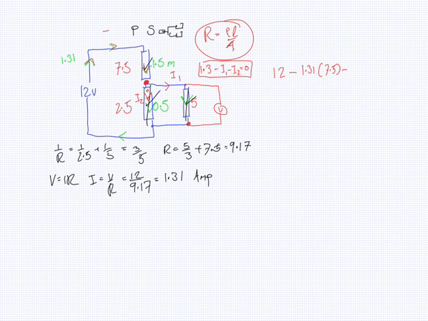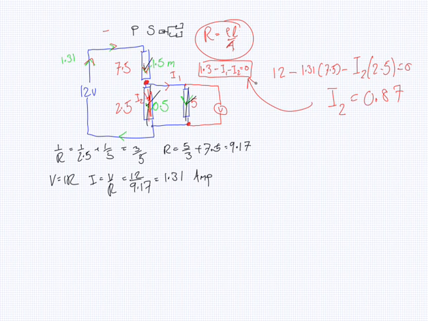What's the I here for this one? I2, thank you. I2 times 2.5. That's great, because here we can get the I2. So the I2 will be 12 minus 1.31 times 7.5 divided by 2.5. So the I2 is 0.87.